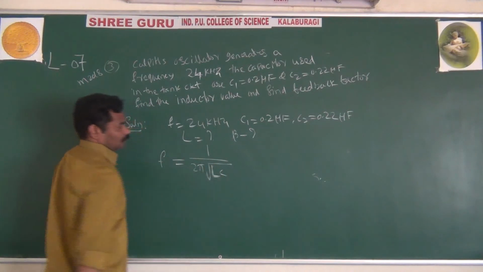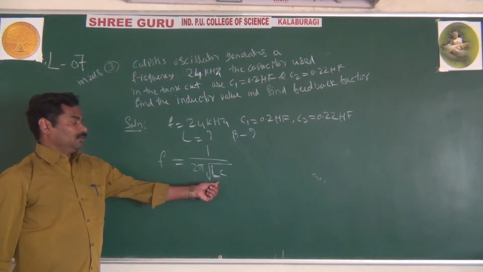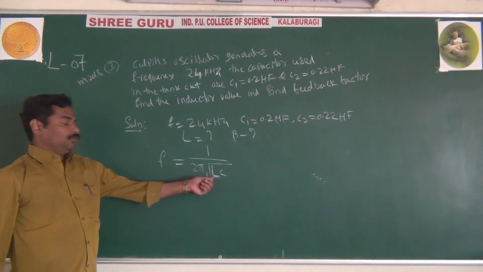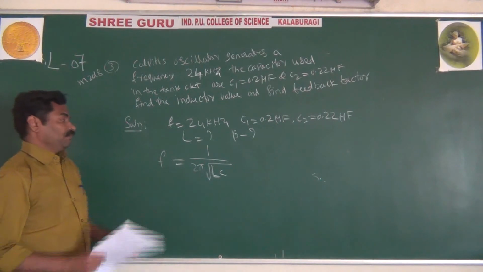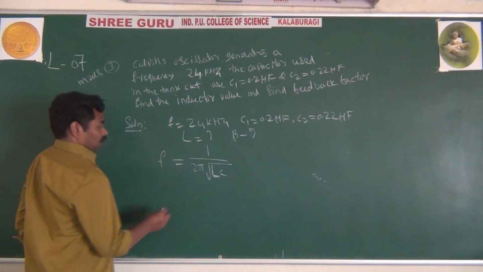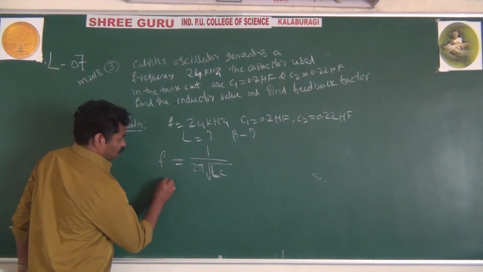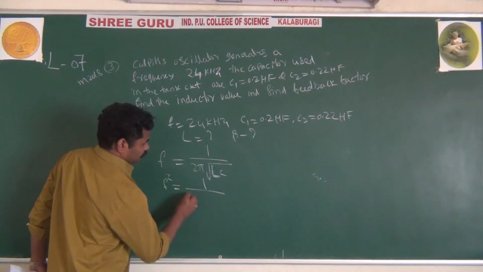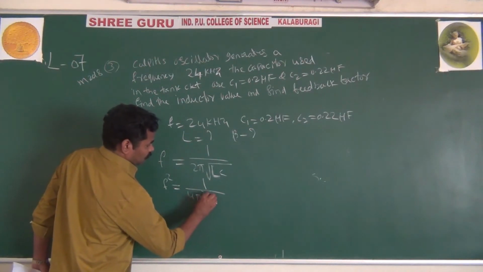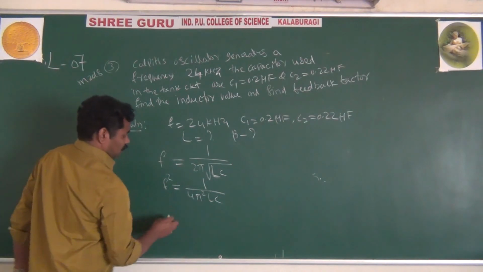Look here, you have to calculate the L value, and to get the L value you can square it on both sides. After squaring we will get f square equal to 1 divided by 4 pi square into LC, and we want to find the L value.